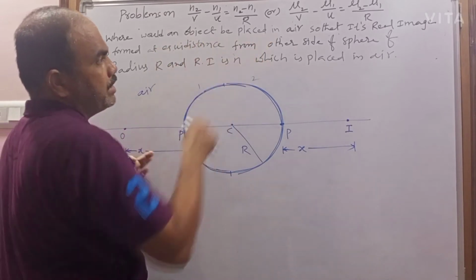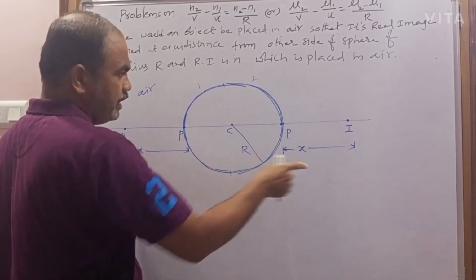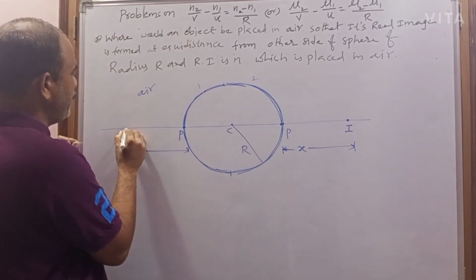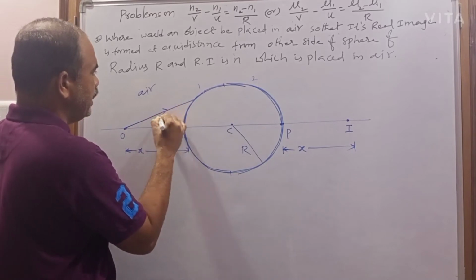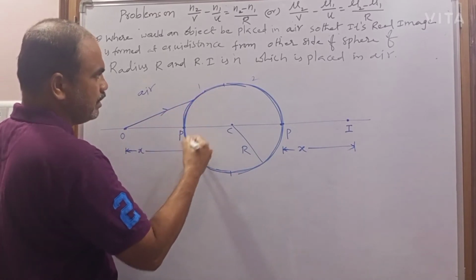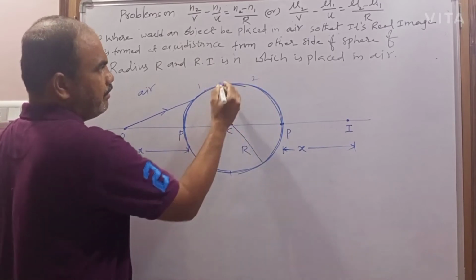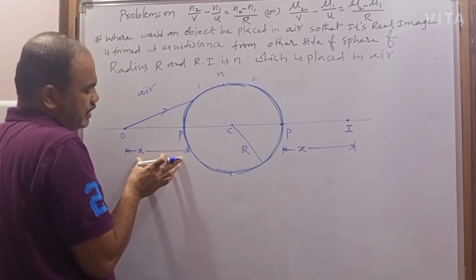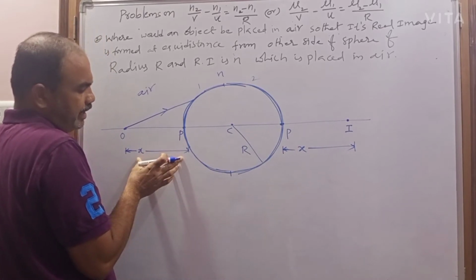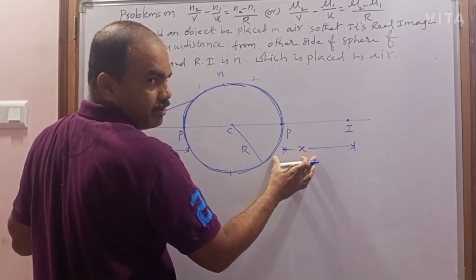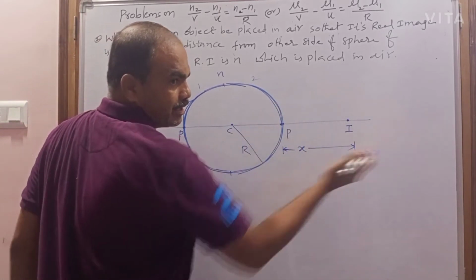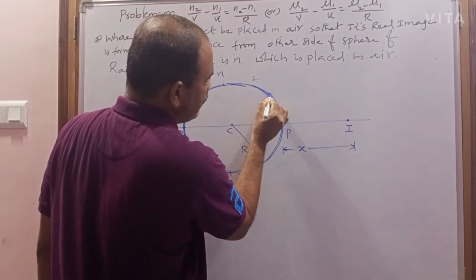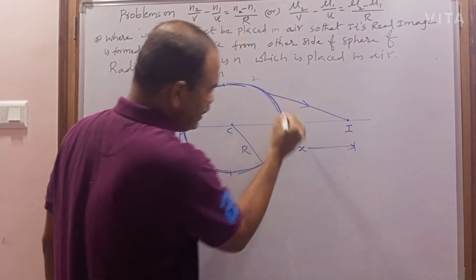Where would an object be placed in air? If I draw the diagram you can understand. For example, from the object the incident ray comes and is incident on the first surface of the sphere having refractive index n. How much distance is it from the first surface? X, and the image is also formed at the x distance but on the other side. The refracted ray comes from the second curved surface.